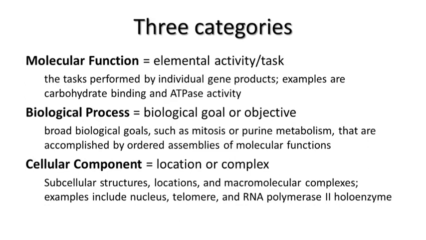The molecular function describes the elemental activities or tasks performed by individual gene products, for instance, carbohydrate binding or ATPase activity. The biological process describes the biological goals or objectives that are accomplished by ordered assemblies of molecular functions, for example, mitosis or purine metabolism.